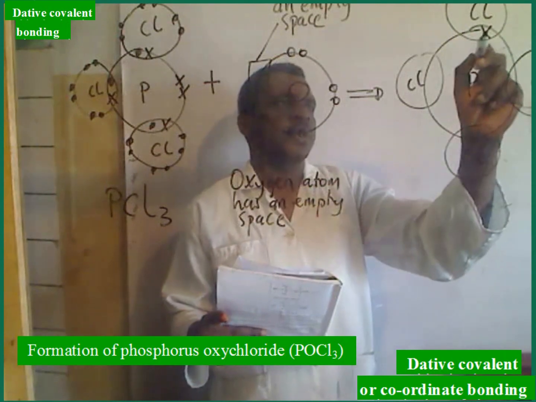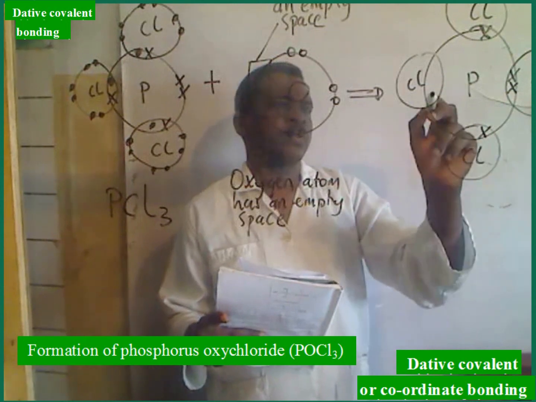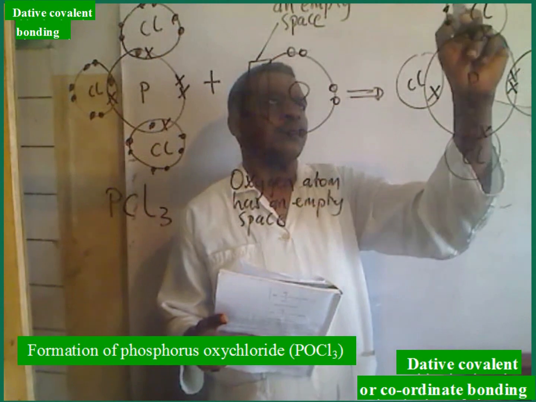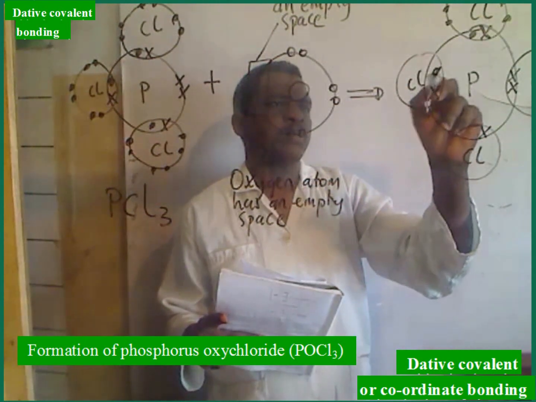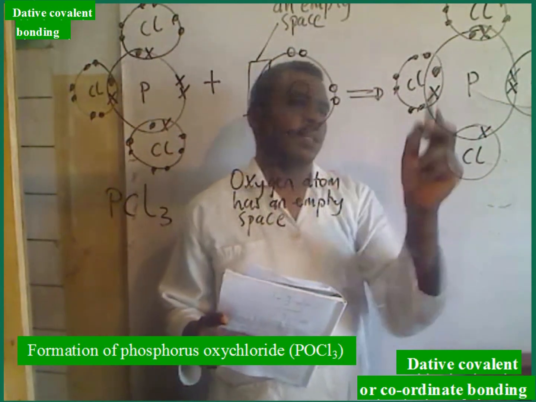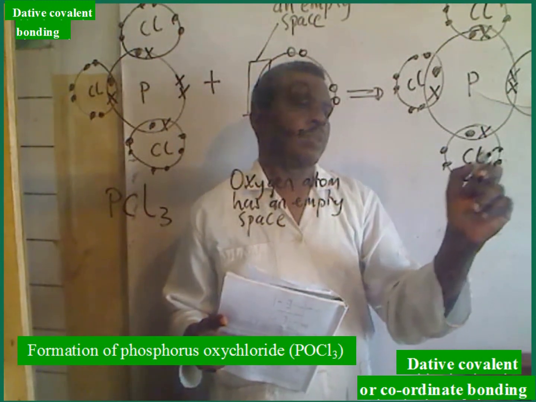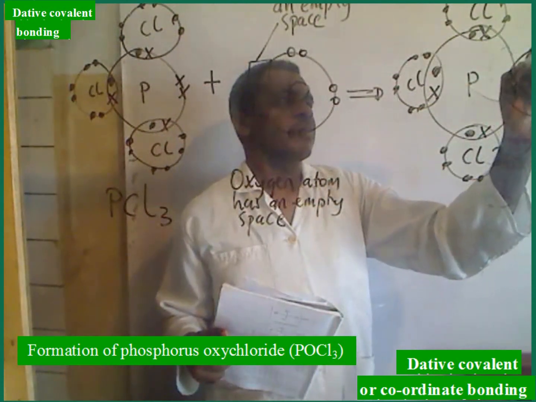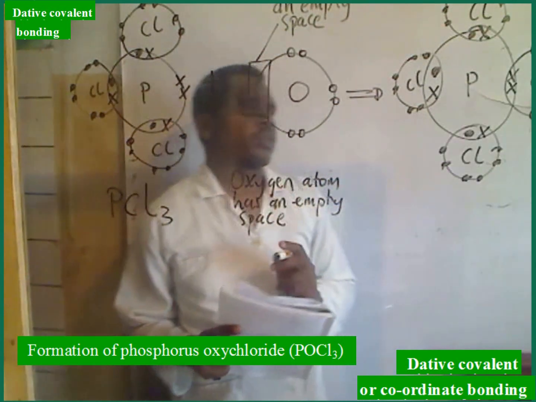Here is phosphorus with 5 electrons, 1 lone pair there. Here is chlorine. Another chlorine atom. Another chlorine atom here. You have 8 electrons in the outermost shell. Here is oxygen, 8 electrons.